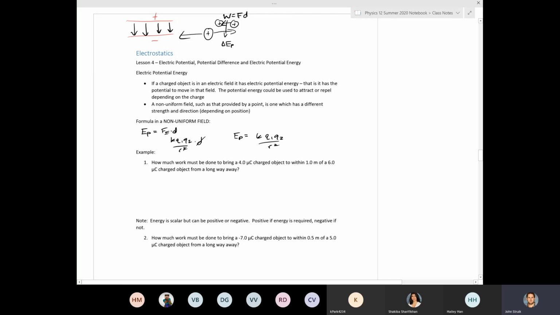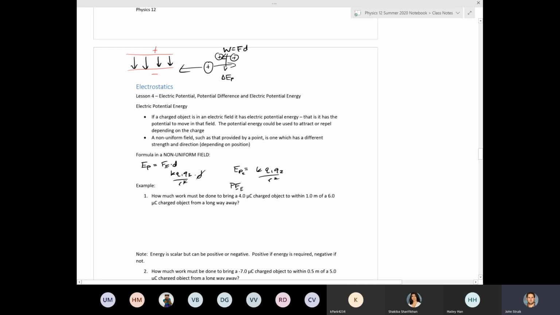Now, EP is an energy, and it's electric potential energy, so it's actually like EPE, or people write PEE. Some people call it U. Because charges can either repel or attract.